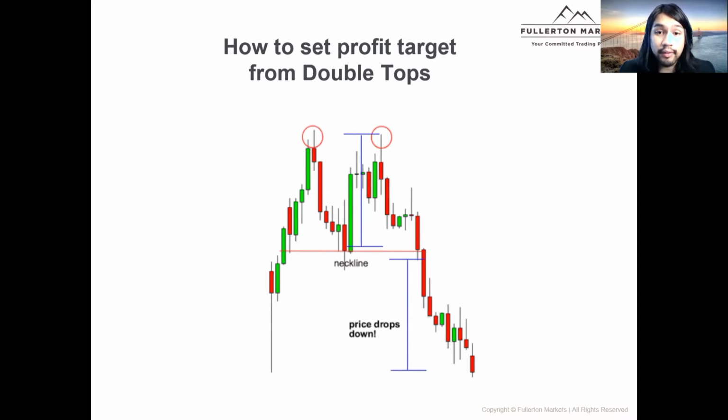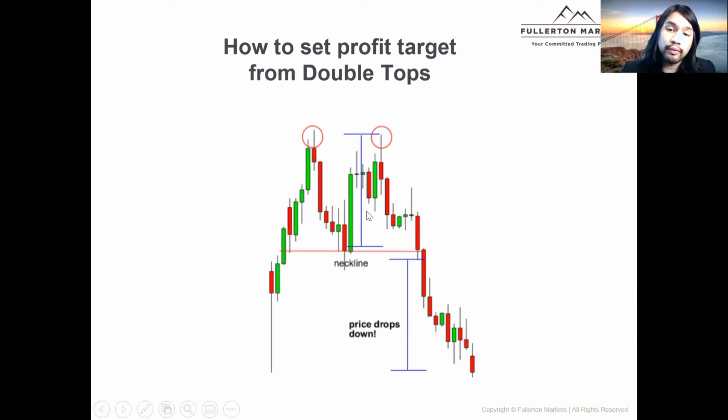Now, if you guys have never opened the MT4 before, don't worry. After this session, I will be opening my own MT4, and I will be showing you guys how to actually set these up, okay? So this entire area from the neckline to the double top is the same amount we want to target when we enter our short position.